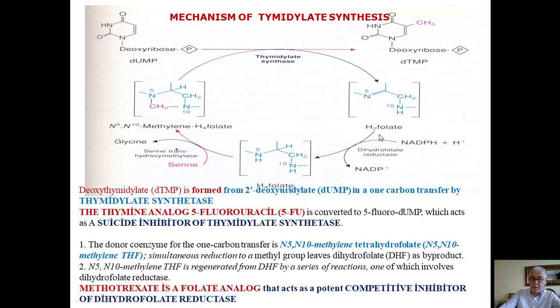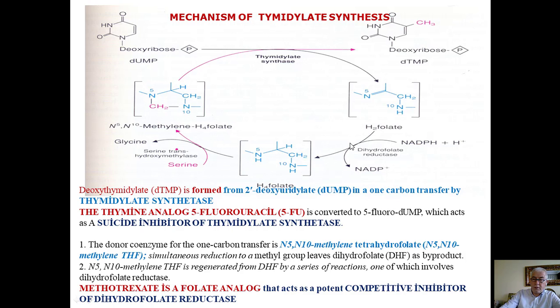We have to convert this dihydrofolate again to tetrahydrofolate to keep thymidylate synthase active, and another unique enzyme, dihydrofolate reductase, uses NADPH and produces tetrahydrofolate. Certain amino acids give one carbon group to these molecules and release glycine, producing N5,N10-methylene tetrahydrofolate. We have to achieve this reaction again and again.